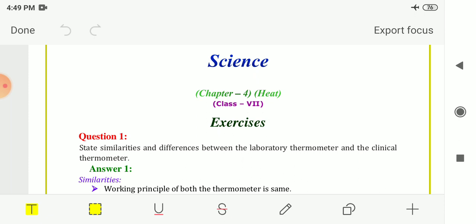The thermometer which is used in laboratory is known as laboratory thermometer, and the range of this thermometer is usually from minus 10 degrees Celsius to 110 degrees Celsius. Then we had seen about maximum and minimum thermometer. The thermometer which is used to measure the maximum and minimum temperature of the day is known as the maximum minimum thermometer.